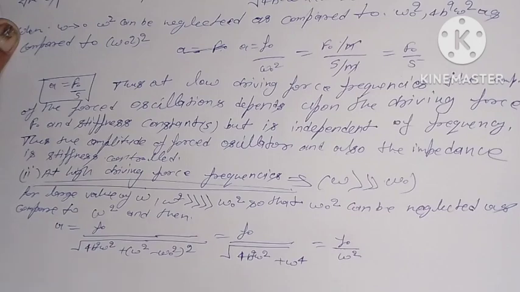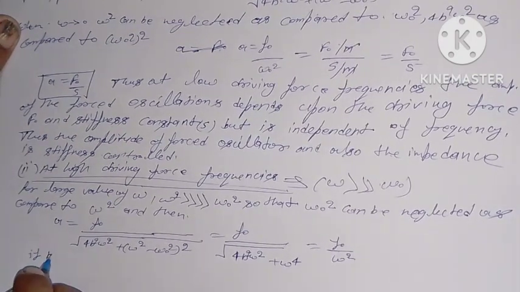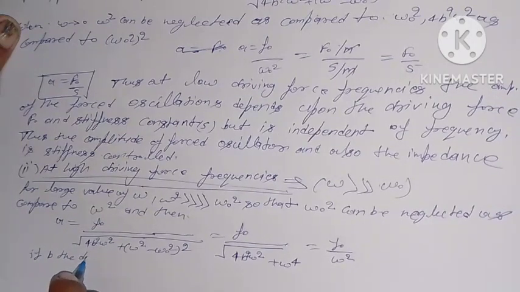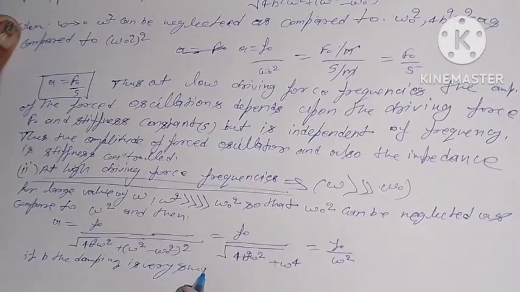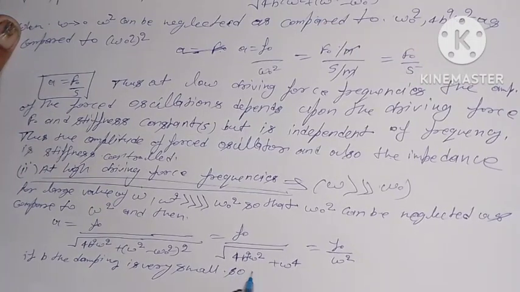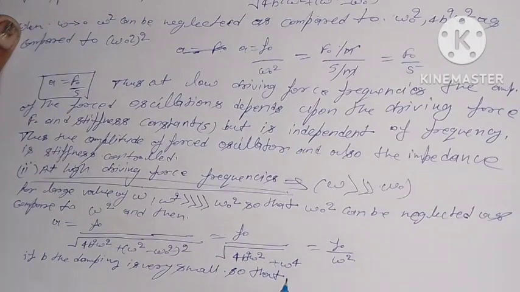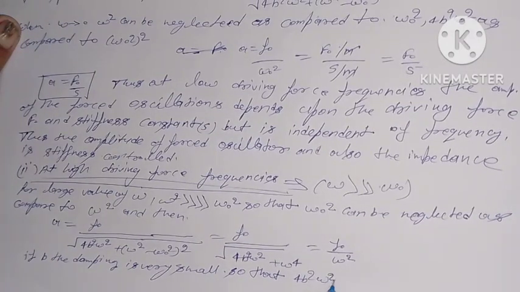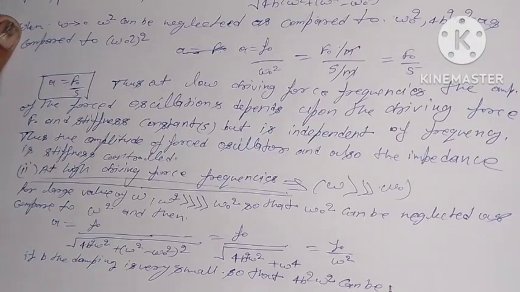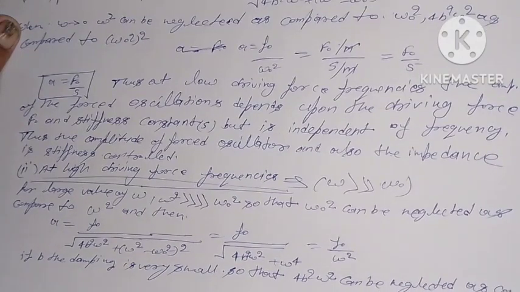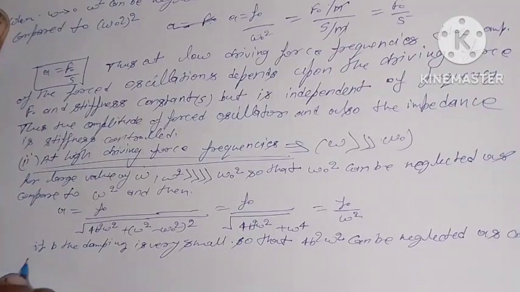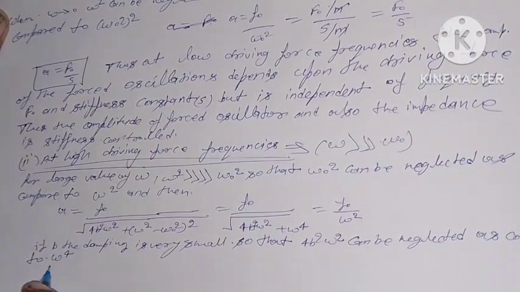Okay, if b the damping is very small, so that 4b square omega square can be neglected as compared to omega to the power 4.